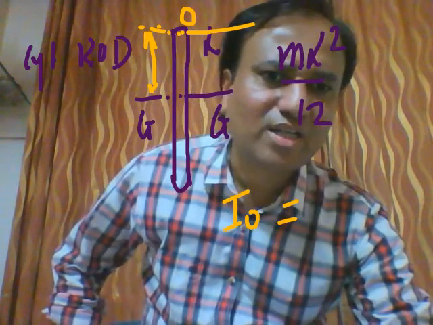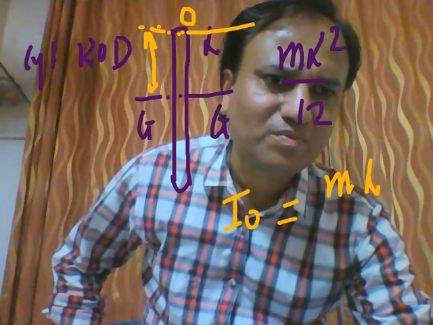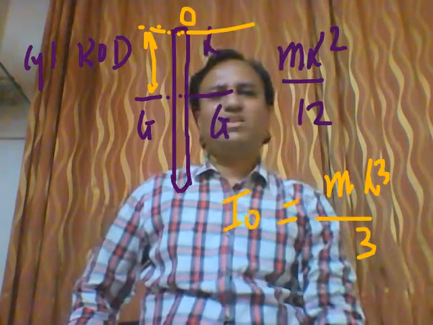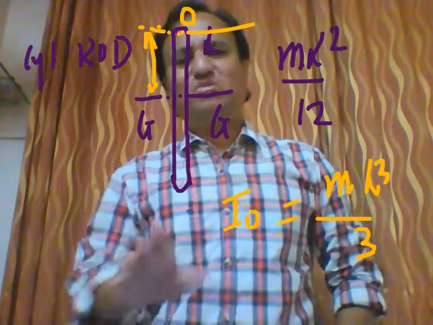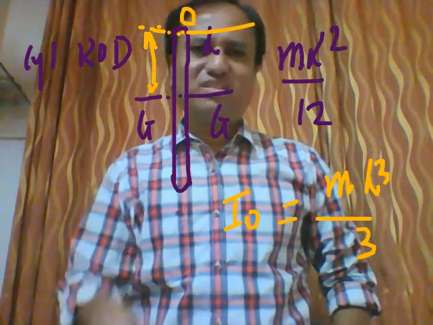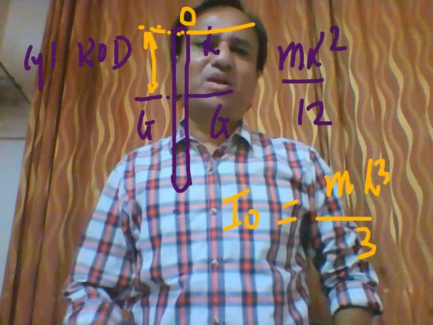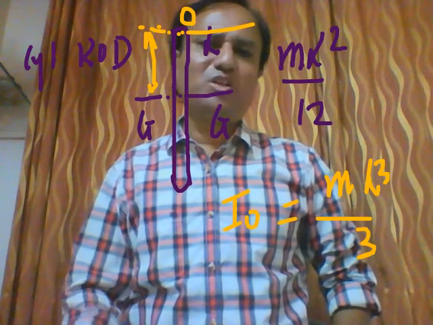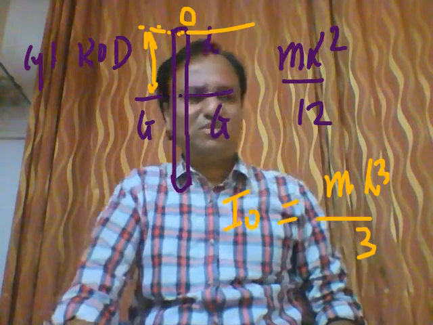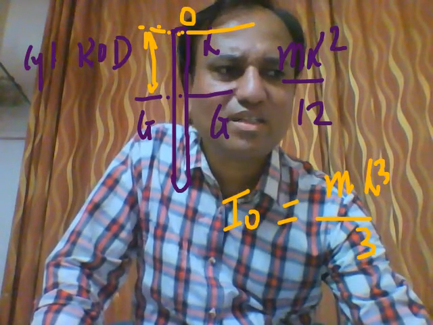So just cross check, IO will be ml square by 3. I am just explaining and will not discuss in detail. In mechanics, the location of centroid, calculation of moment of inertia, or some standard components, you already studied. I am just revising the content.